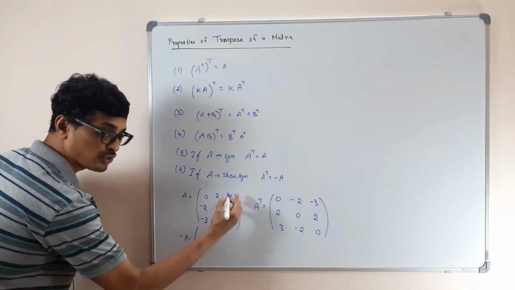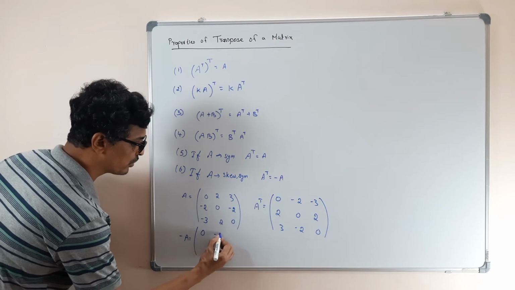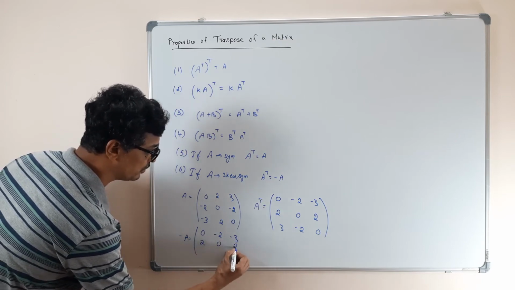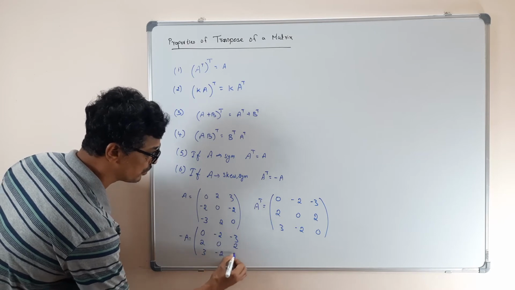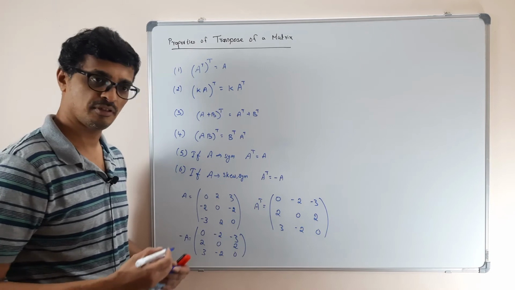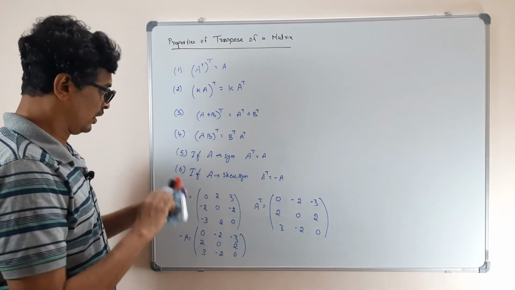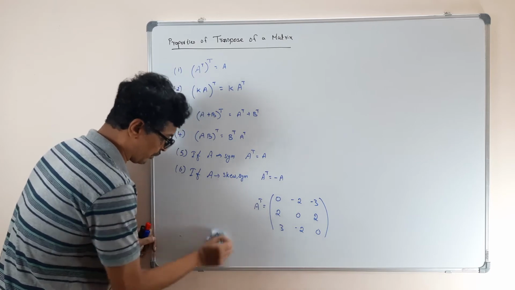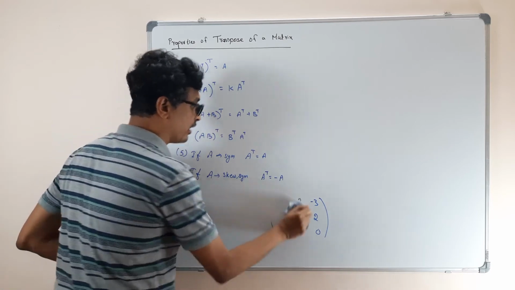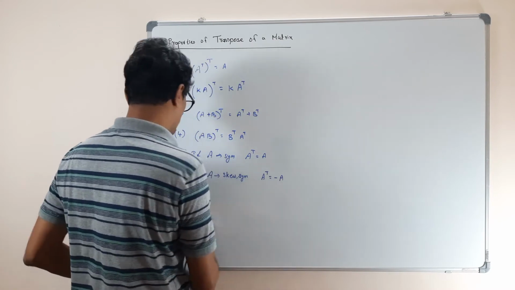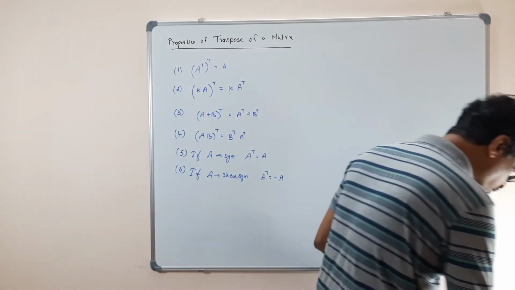Just adding a minus to it, right? 0, minus 2, minus 3, 2, 0, 2, 3, minus 2, 0. Aren't both the same? Okay. So that's the property with the skew symmetric matrix also. Transpose has a lot of interesting properties. Okay, and then let us go for the last one.